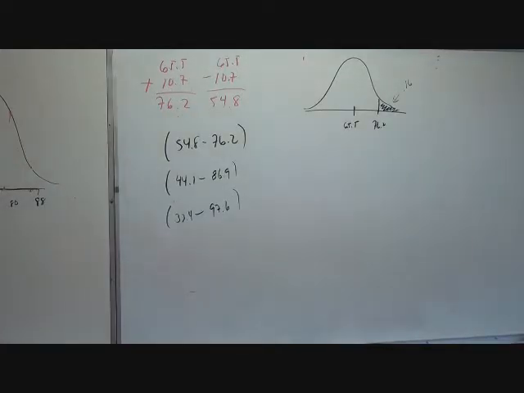If you got a score of 44.1, what was your percentile? If you got a score of 44.1, draw a picture, don't think! You got a score of 44.1. What was your percentile?